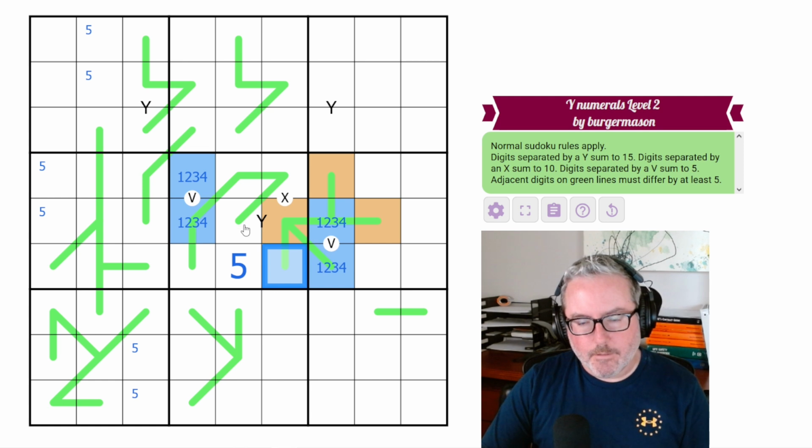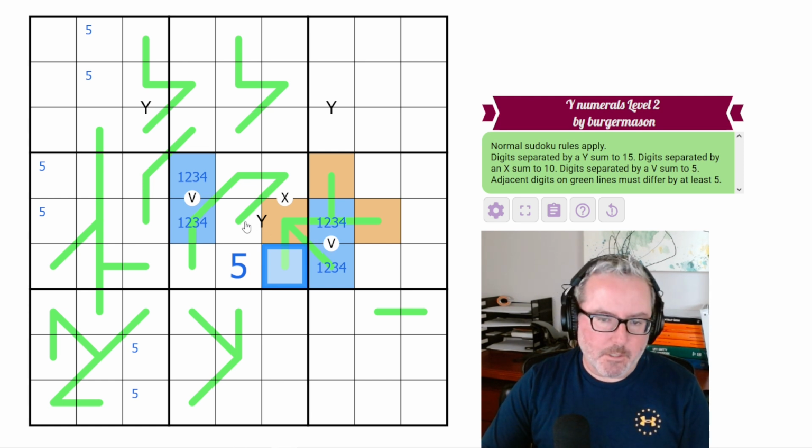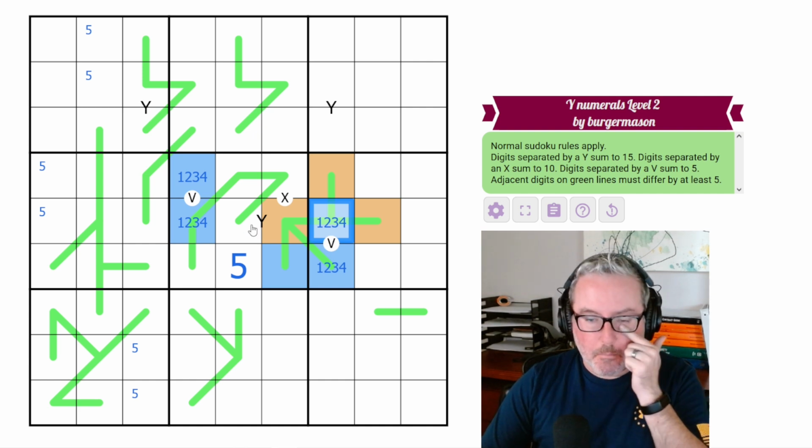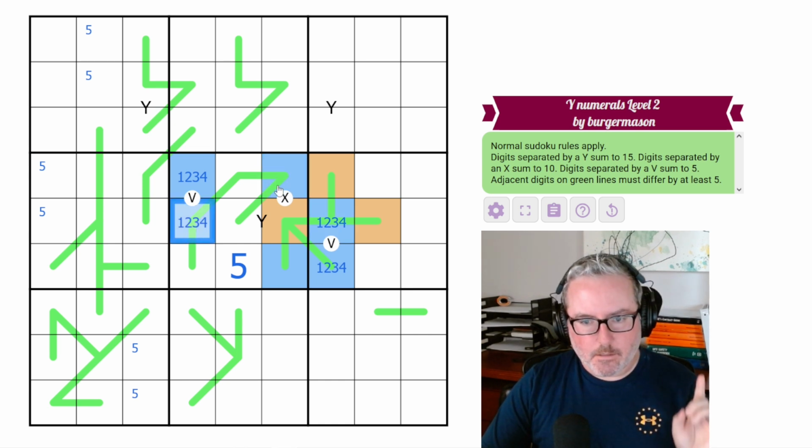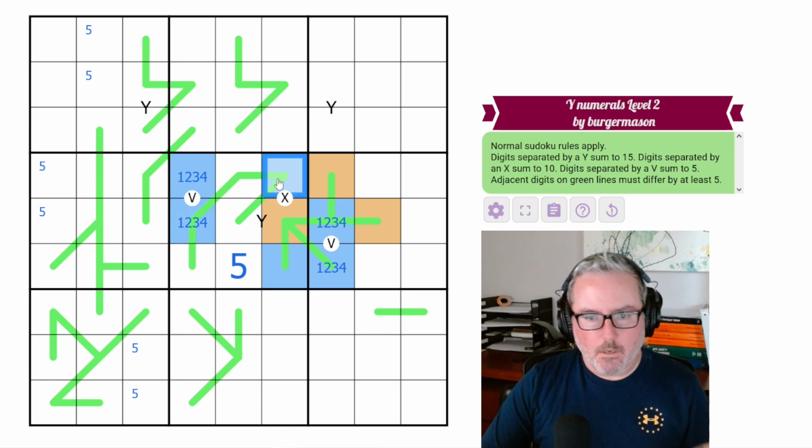And we're going to have the Y clue come into play here as well. We can also take a look at what some of these digits can be. Let's start with the highs and lows at the moment. This has to be low because it's two along on the German whisper and it's adjacent to the next clue.